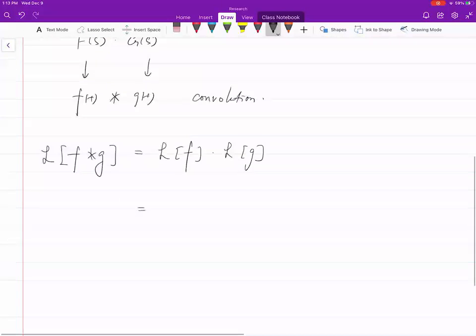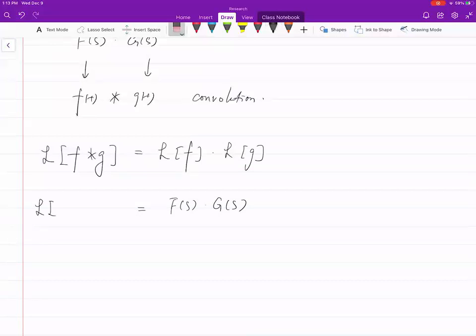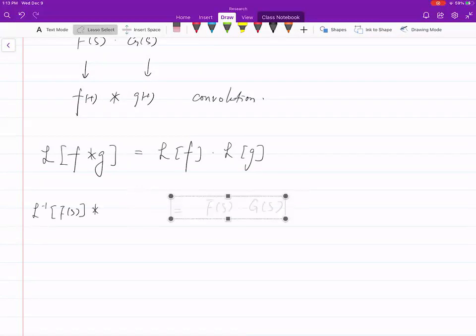Or in other words, if you know F(s) and G(s), you should really convolve what you had before together. Okay, now we just need to define how to do this convolution operation.